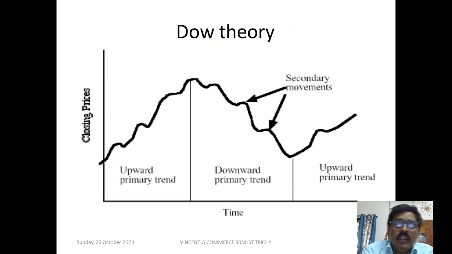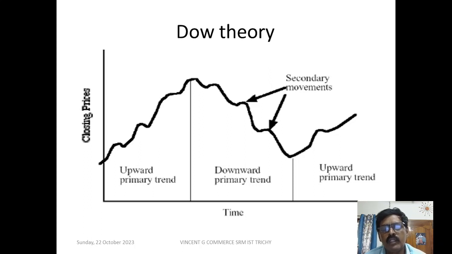And here we can see the different Dow trends, as we said. Take for example in this chart, the x-axis has time, and the y-axis has closing prices. If you look clearly, the first part is an upward primary trend. It lasted for maybe 5 years or more, and everything kept rising.